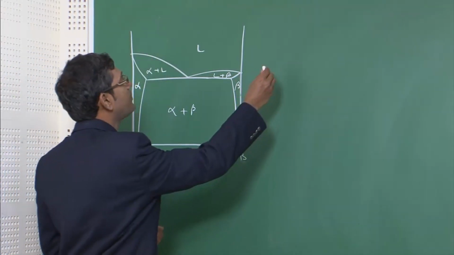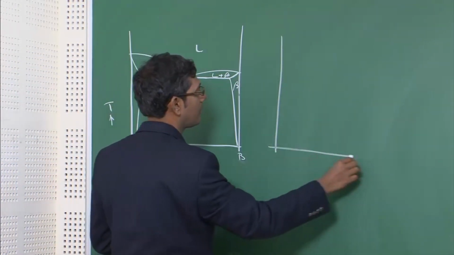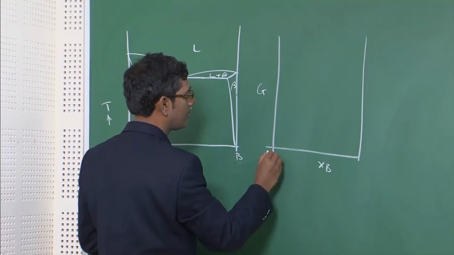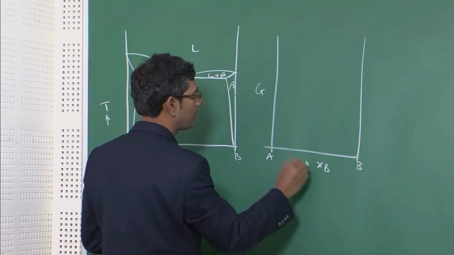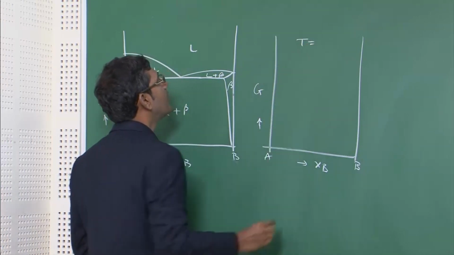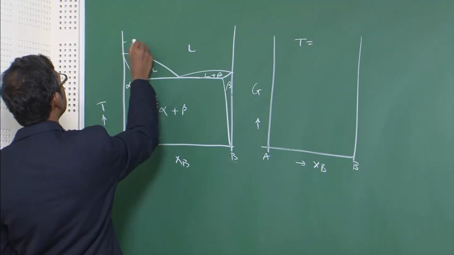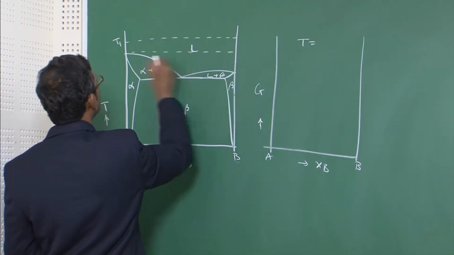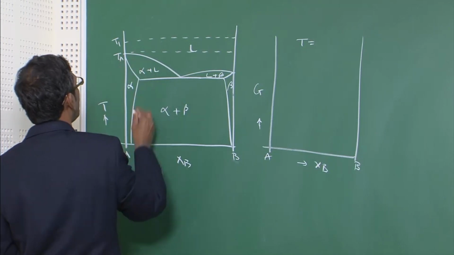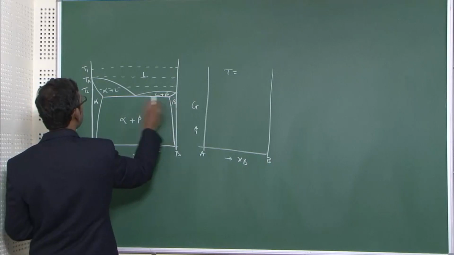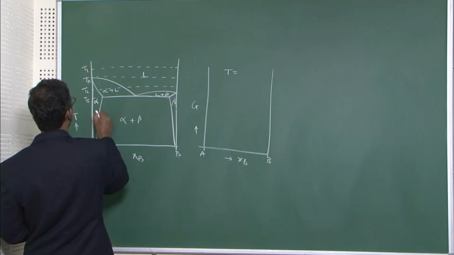As I show you, the free energy composition diagrams will be like this, the G versus XB curve of the phases present here at different temperatures. So the temperatures which we will select are like this. We will select a temperature T1, and this is TA, and then we will select a temperature here T2, this is TE, the eutectic temperature, and we will select a temperature T3.